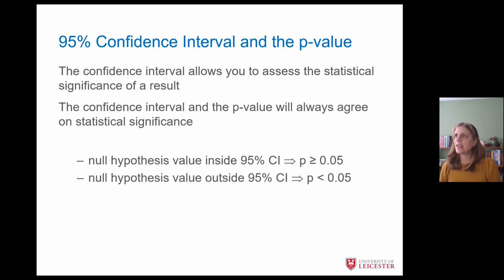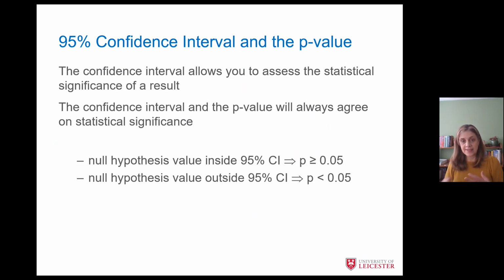So what the confidence interval is doing is allowing you to assess the statistical significance of a result, and the confidence interval and the p-value are always going to agree. So if your null value is inside the 95% confidence interval, then your p-value is going to be greater than 0.05.